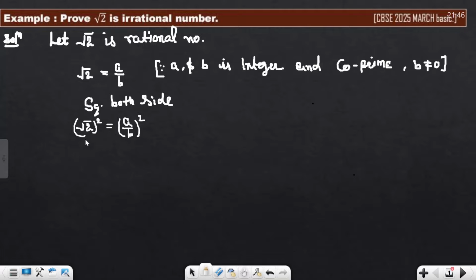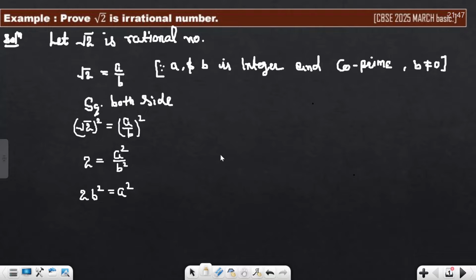Root 2 whole square is 2, and a square divided by b square. Change the side of b square: 2b square is equal to a square. What does it mean? a square is equal to twice of b square. It means a square is a multiple of 2.